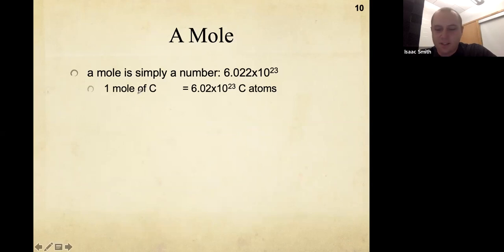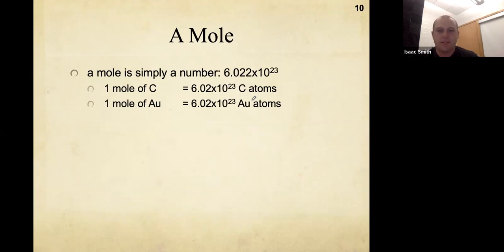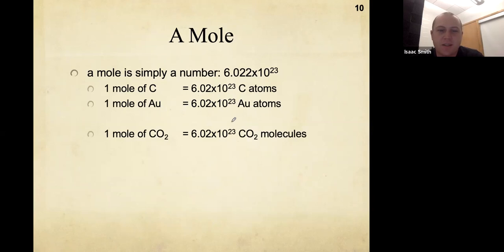To reiterate this point, because I want to drill this into your head, 1 mole of carbon is 6.02 times 10 to the 23rd carbon atoms. 1 mole of gold would be 6.02 times 10 to the 23rd atoms. I think I said silver, I meant gold here. Sorry, Au is gold. It's Latin for aurum. Anyway, not that important. 1 mole of carbon dioxide is 6.02 times 10 to the 23rd carbon dioxide molecules.